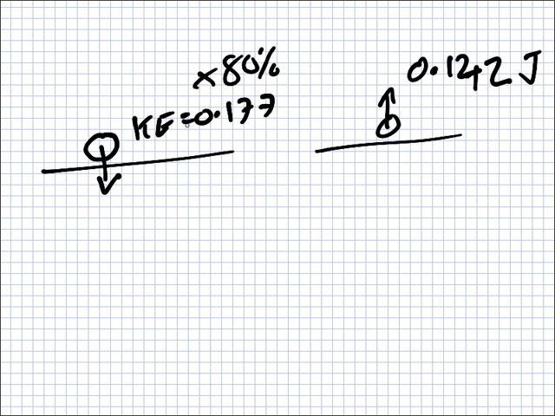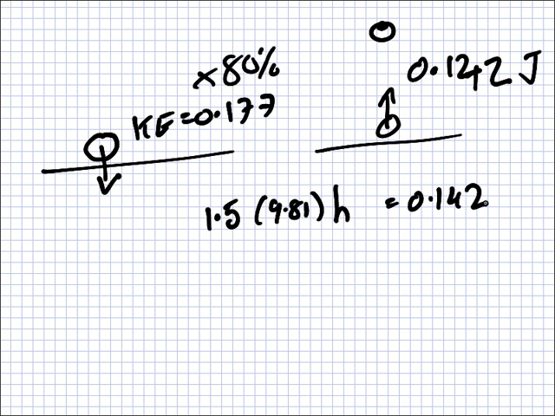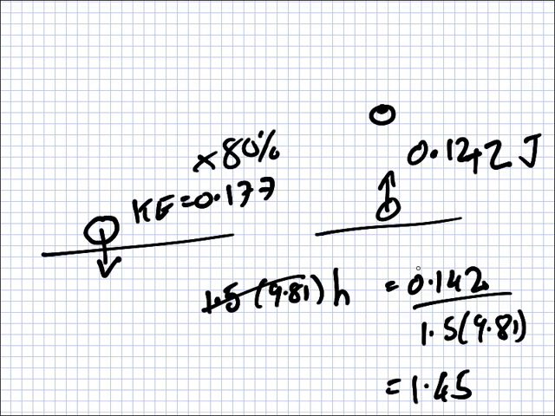So mgh up here must equal 0.142. If I divide, what do I get? 1.45. No, my guess was wrong.